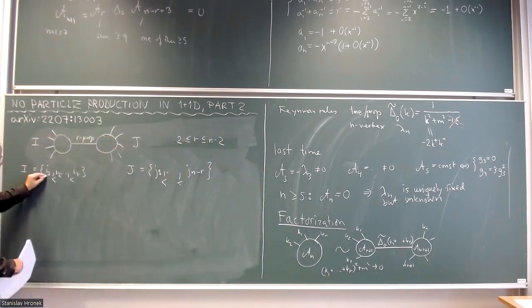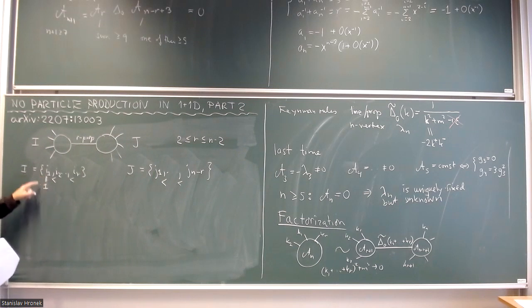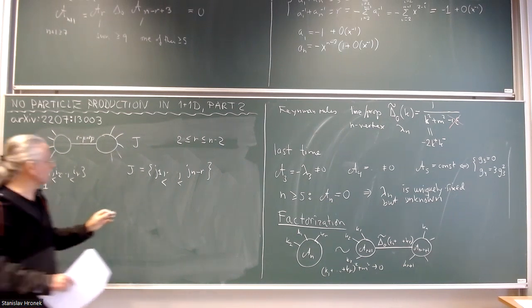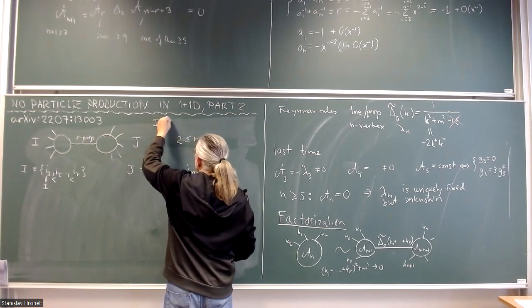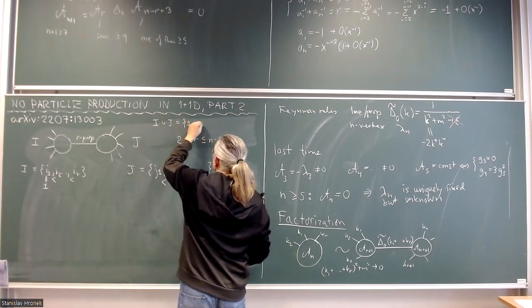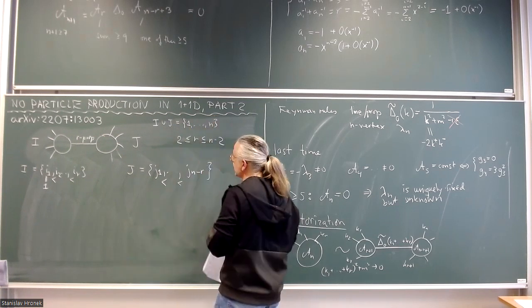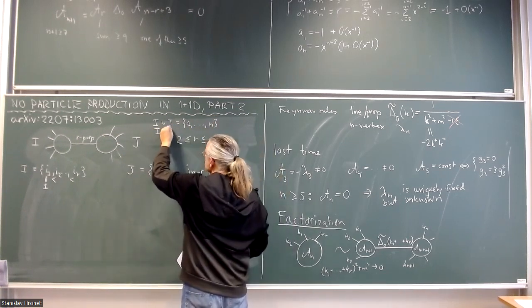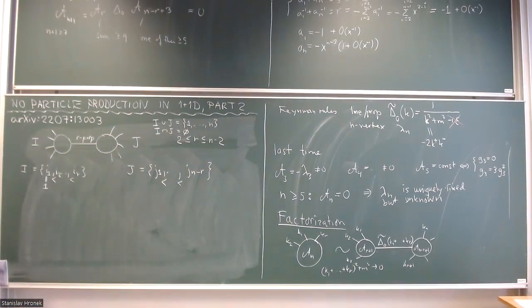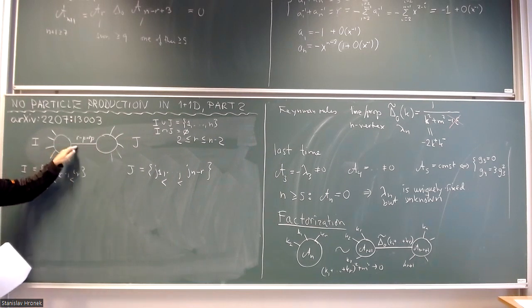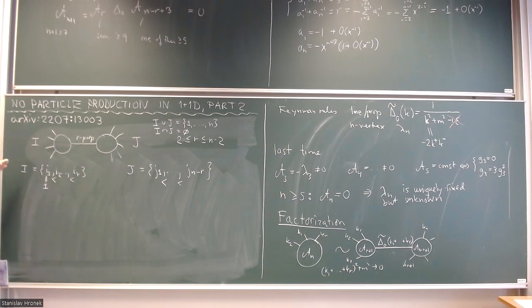And we can also assume that I1 is 1, else we just flip I and J. I'm just using the fact that I and J together should be the full set of indices from 1 to n, and I and J should be ordered like that. So we will now try to calculate this propagator with these indices, where we of course now take the multi-regge limit.